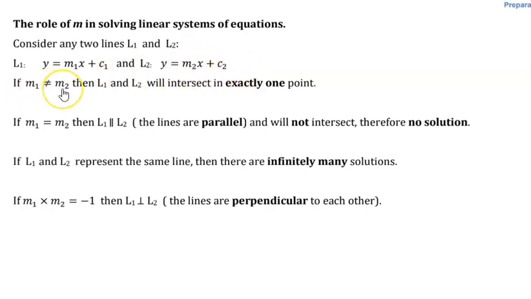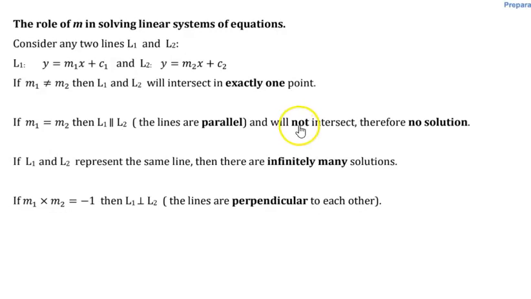If m1 is unequal to m2, then in 2 dimensions, L1 and L2 will intersect in exactly one point. If m1 is equal to m2, then L1 will be parallel to L2.